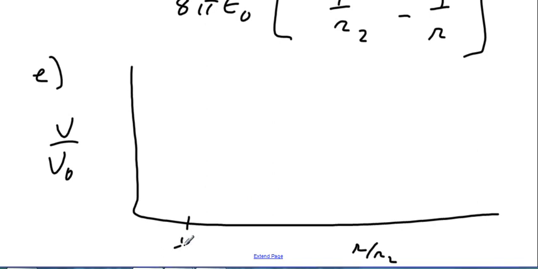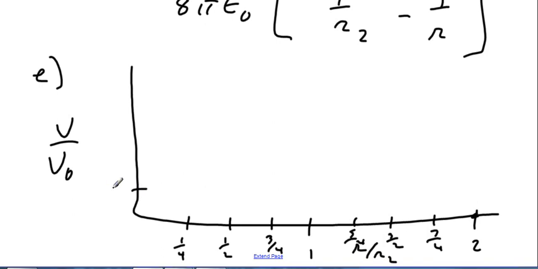And we'll go for a quarter, a half, 3/4, 1, 5/4, 3 halves, 7/4, 2. So that's up to r being twice what the other guy has.